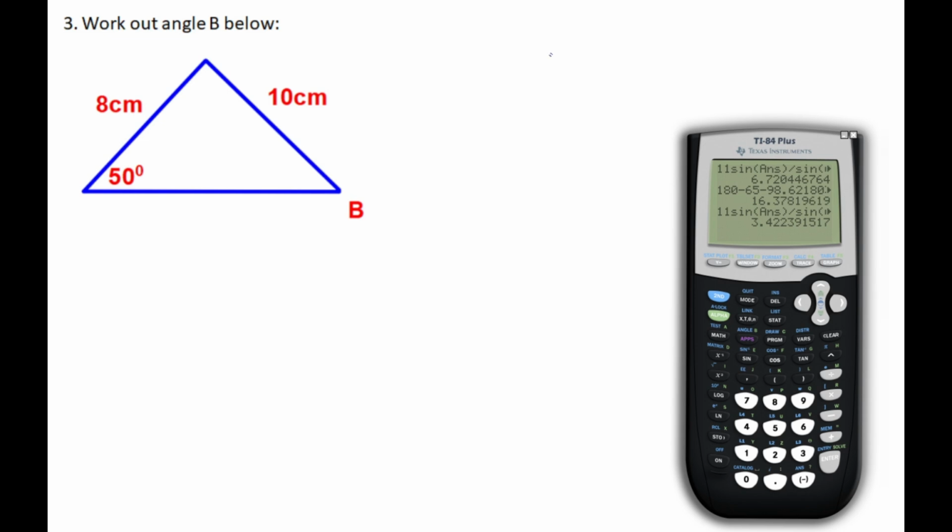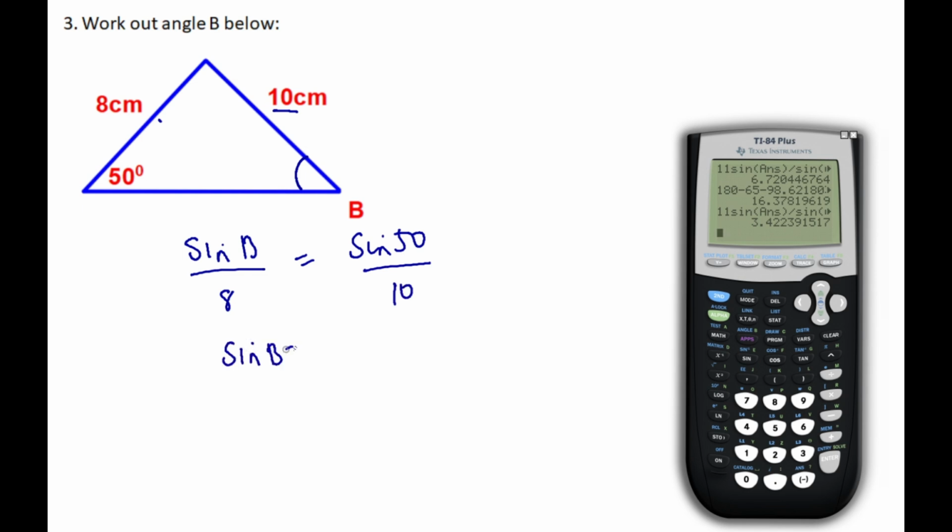Okay, and the third one, we've got to work out angle B. Now, hopefully you realise that actually there's only going to be one answer here because this 10 is bigger than the 8 we've got here next to the angle. So we should only get one angle. And I'll show you actually what happens if you don't realise that there's only one angle. So in the normal way that we do sine, so sine of B over 8 is sine of 50 over 10.